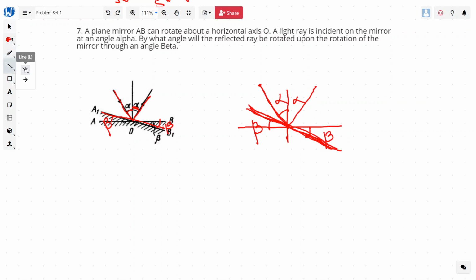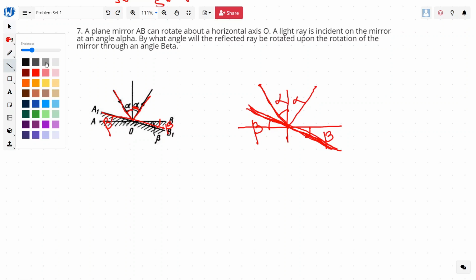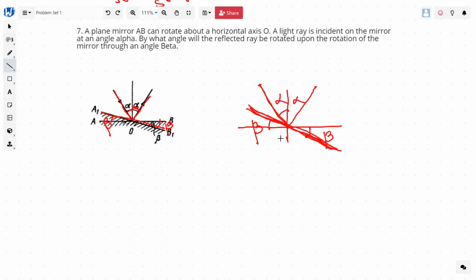So whenever we are doing a problem of refraction or reflection, we always redraw our normal. So the normal will change. Okay, and basically the normal will rotate by an angle beta, right?